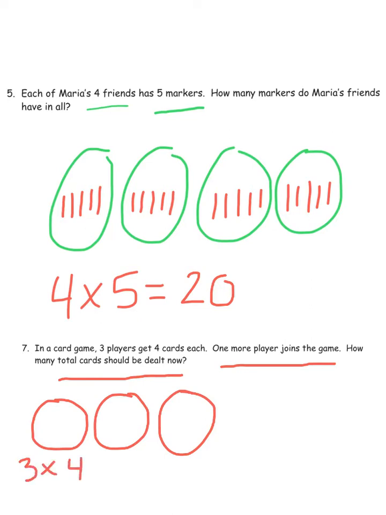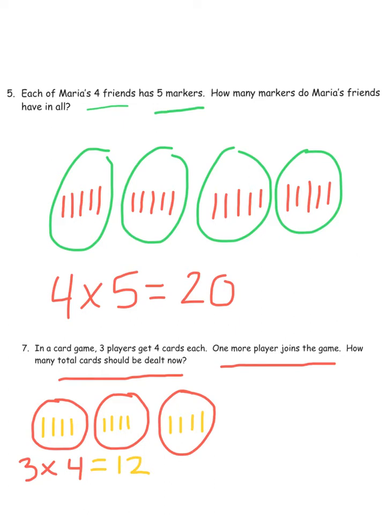So each player should have, let's do yellow this time, 4 cards. 1, 2, 3, 4. 1, 2, 3, 4. 1, 2, 3, 4. So 4, 8, 12. 3 times 4 is equal to 12. However, our problem changed.